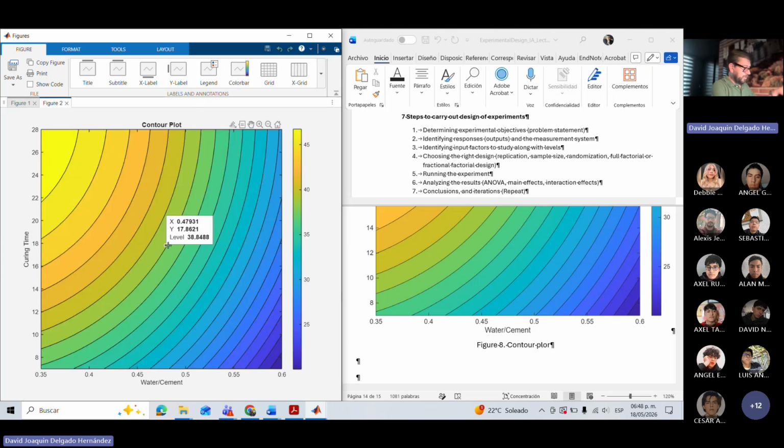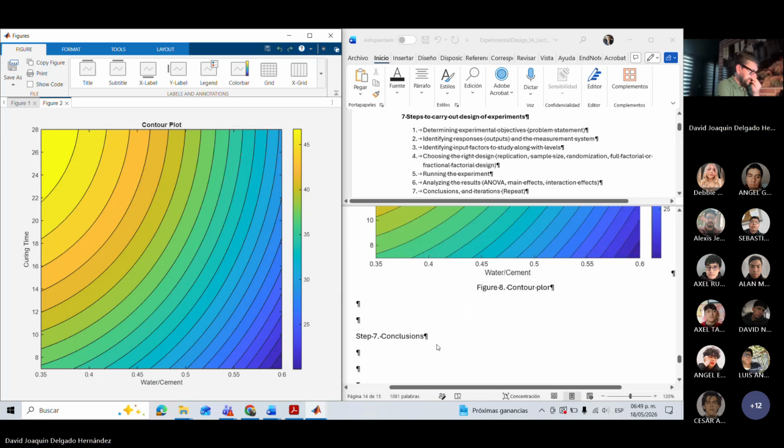And you can see here the colors, okay? The maximum value you can get is 45 megapascal, which is in this corner at the very top in the right hand side. And the combination is 0.35 and 28 days of curing time. Okay.